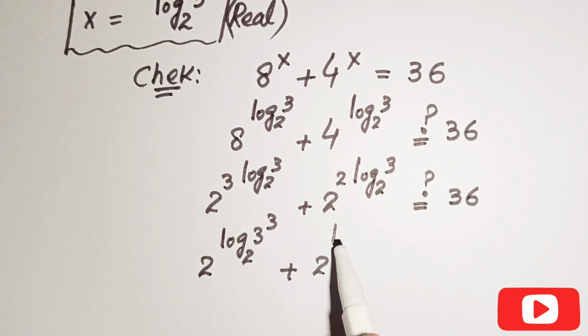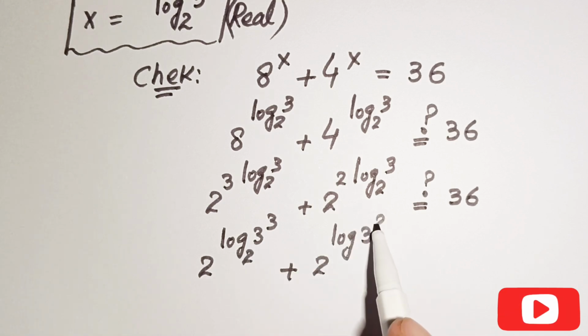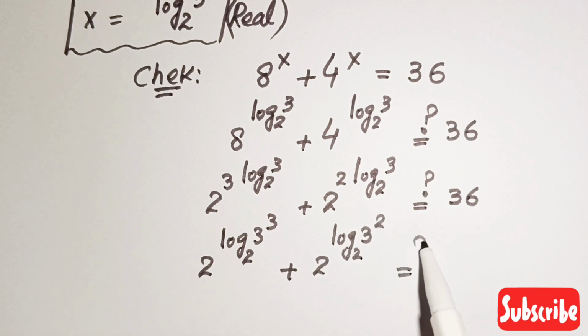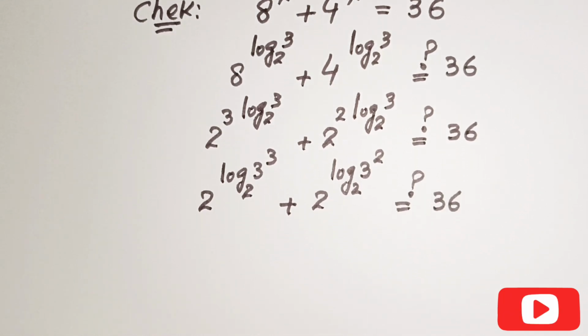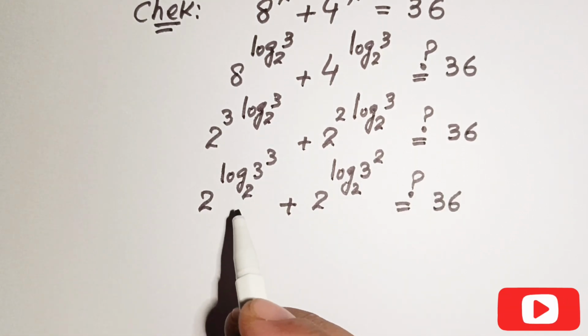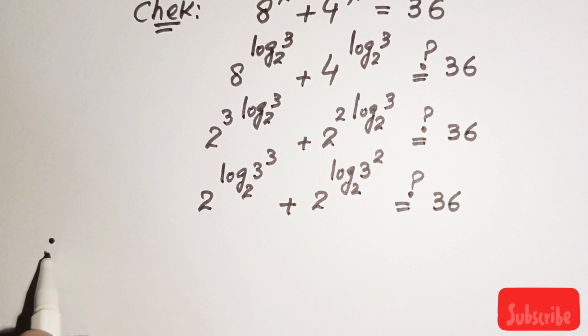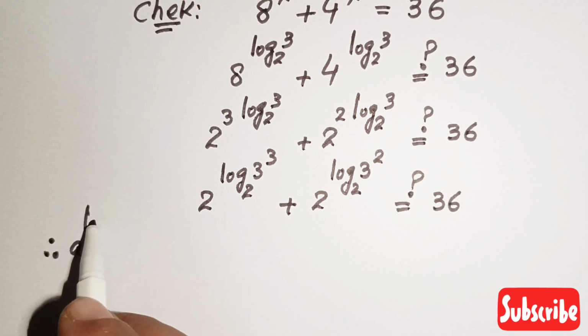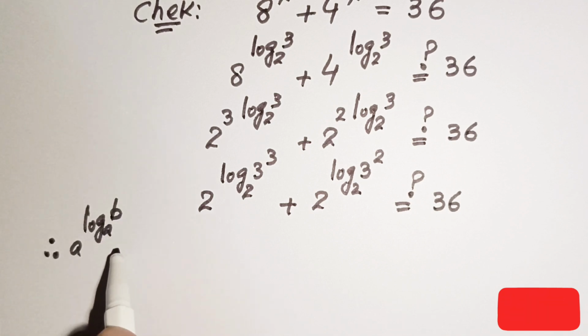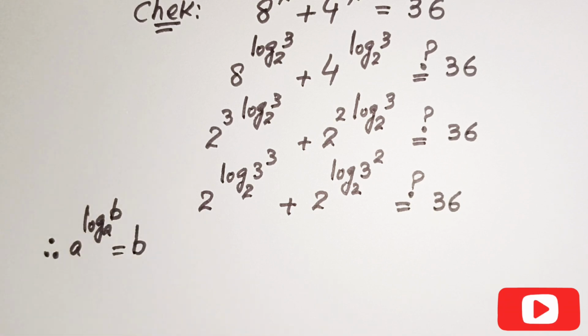Similarly, 2 to the power log 3 squared with base 2, that is 36. Our next step, by using the logarithm law, is that a to the power log b to base a will be equal to b.